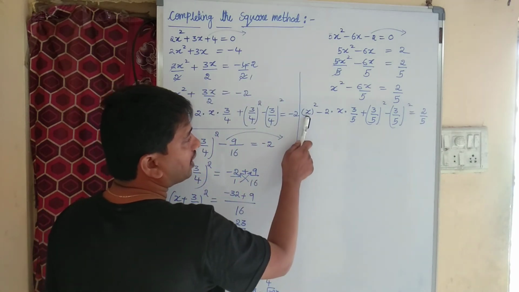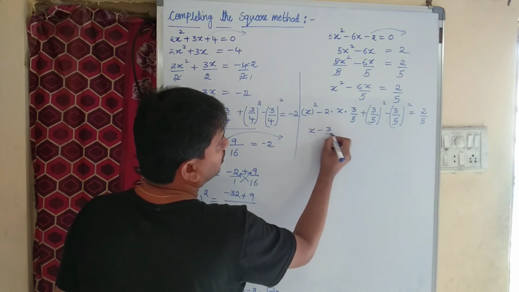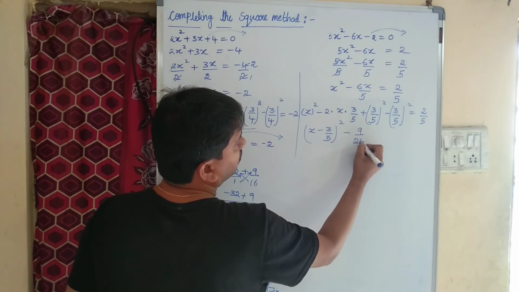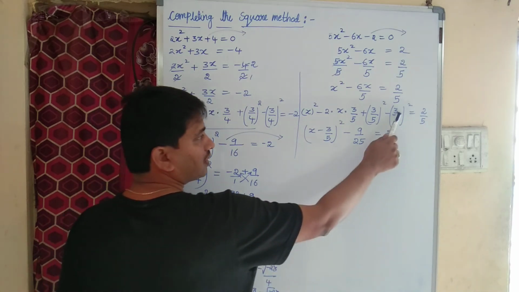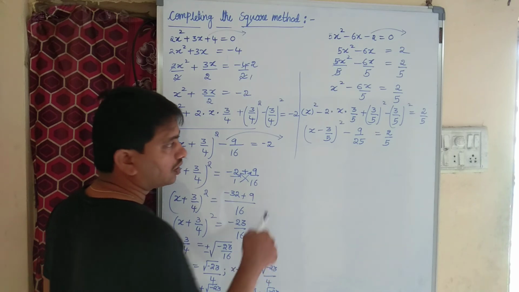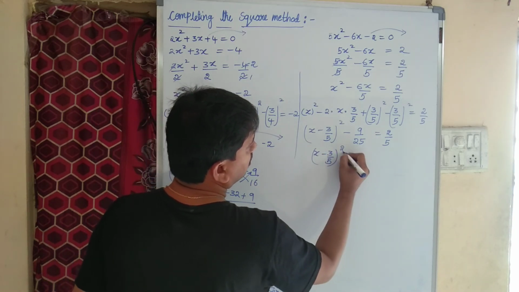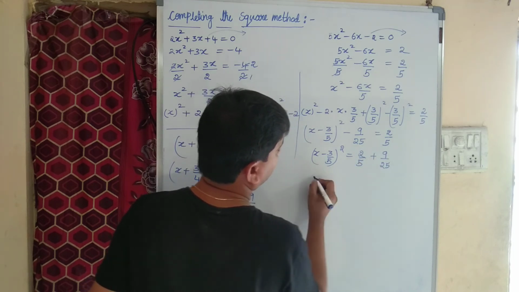Now which is in the form of a square minus 2ab plus b square, which is the formula of (a minus b) whole square, minus 3 square is 9, 5 square is 25, equal to 2 by 5. Is it clear, children? 3 square value 9, 5 square value 25, equal to 2 by 5. Now minus 9 by 25 you transpose, it will become plus 9 by 25.